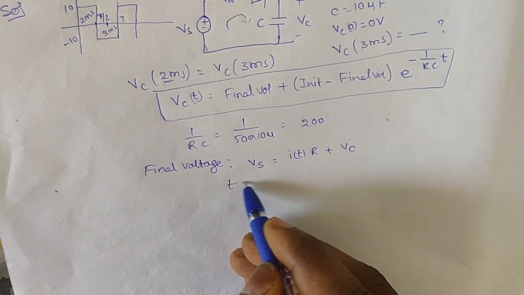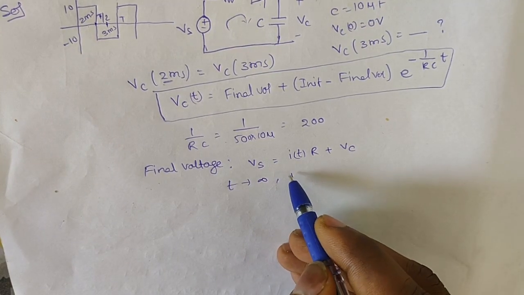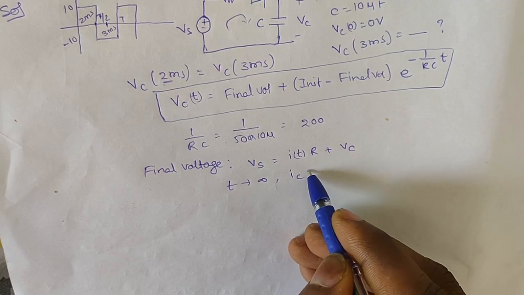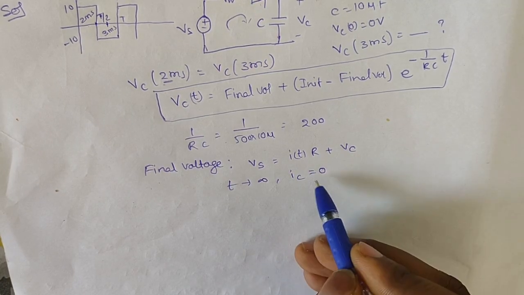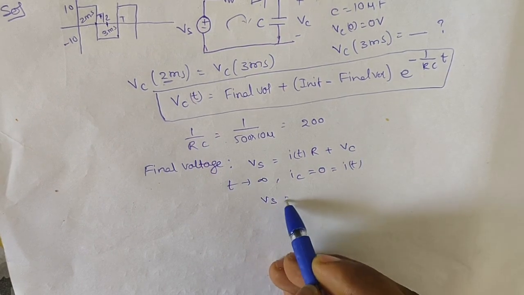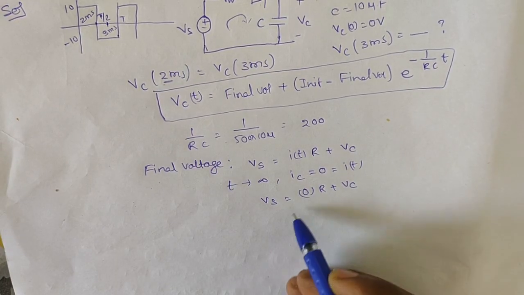We know at t tends to infinity, the capacitor current is 0. So IC is equal to I of t, and Vc is equal to 0 times R plus Vc.